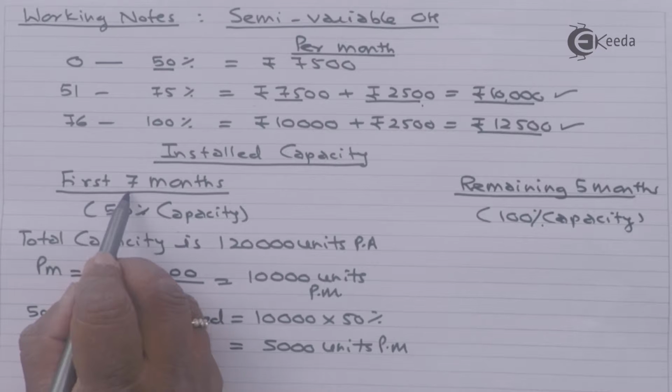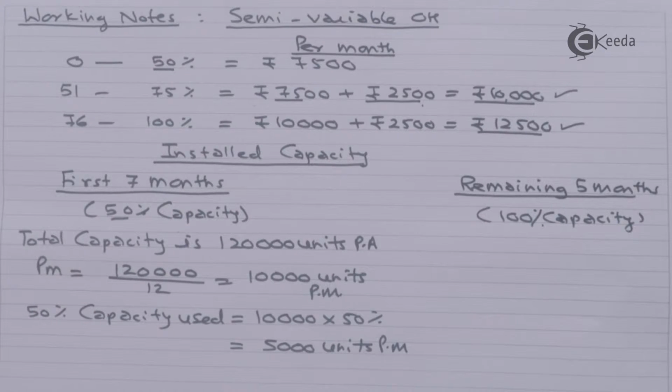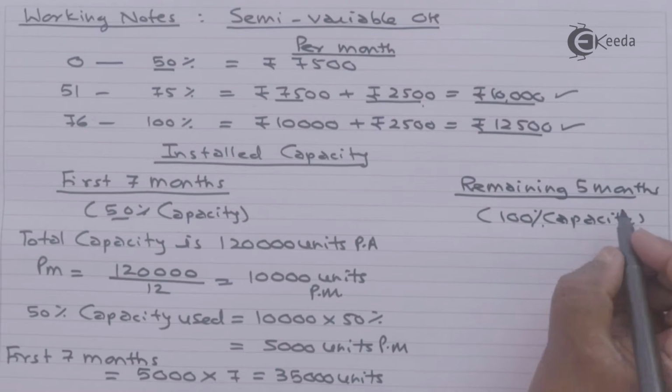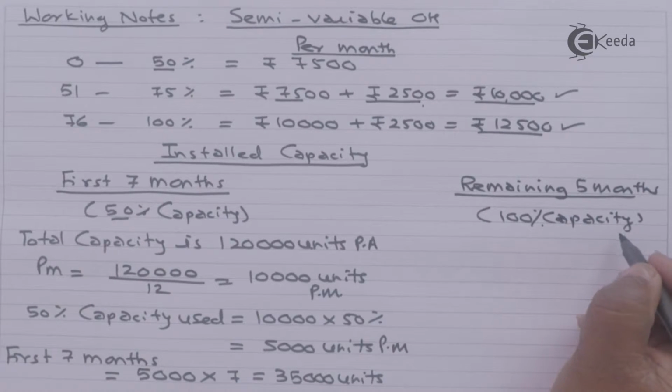During the first 7 months, 50% capacity is used, so output will be 35,000 units.